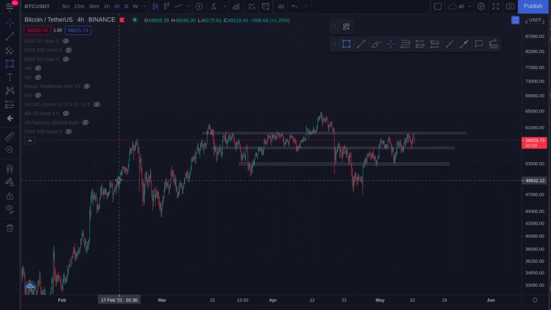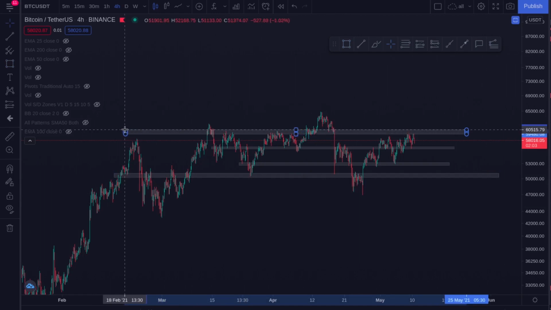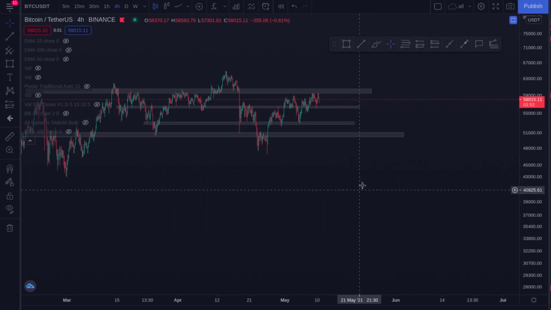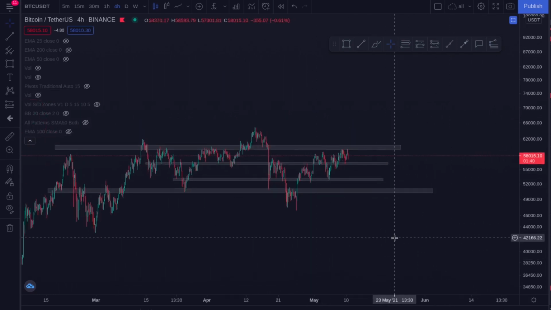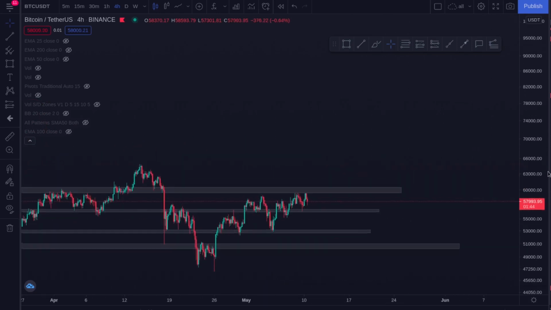If we draw these zones out, this would be the 50k zone and this the 60k zone if we extend it. Once we break through it, we would see some upward rise in Bitcoin. If we break to the downside, it should be the start of the bear market, but the chances are less compared to these zones.